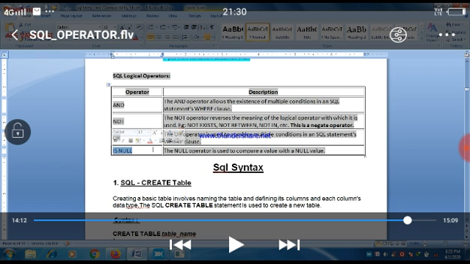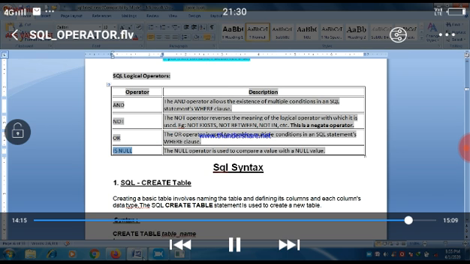If it is a null value, then the answer will be yes, which means true, which means 1. Let us check is null.